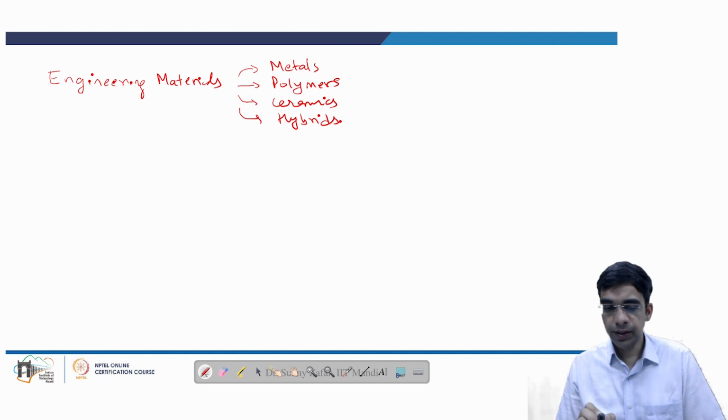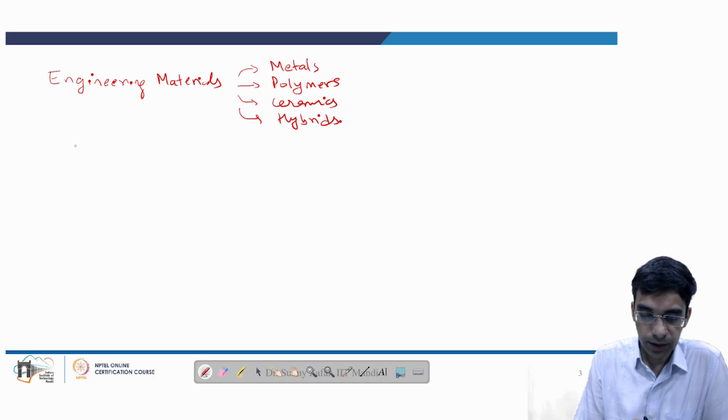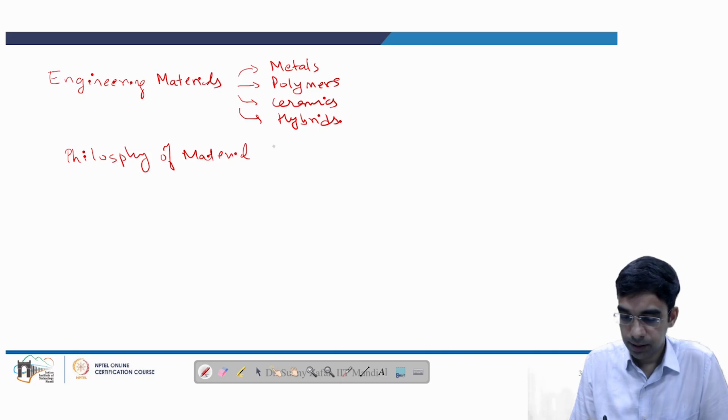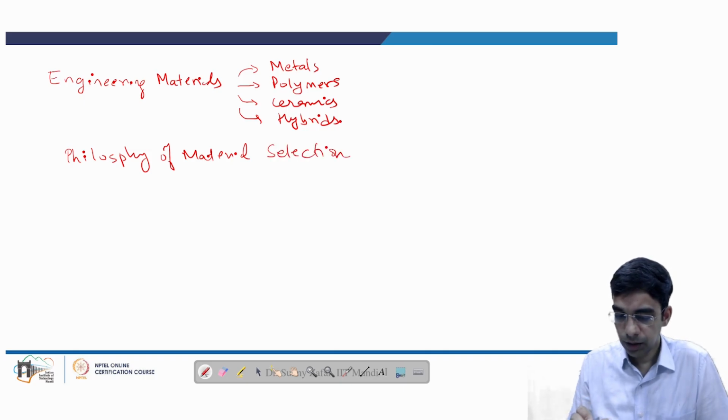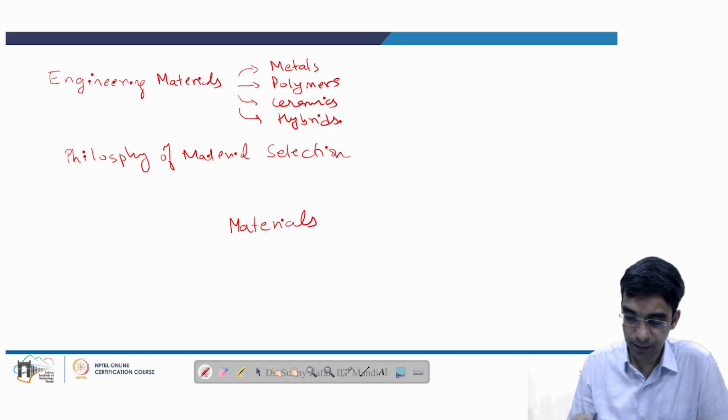So now engineering materials are known, and then we would also like to look at what is the philosophy of material selection for any application. So this philosophy of material selection is based on some factors like materials. Of course, they need to be selected.